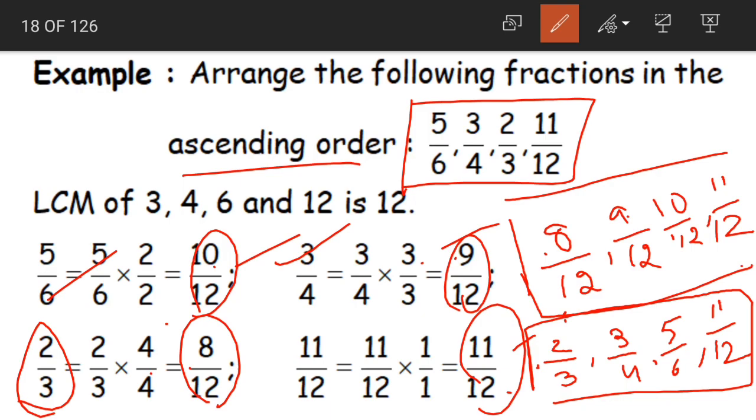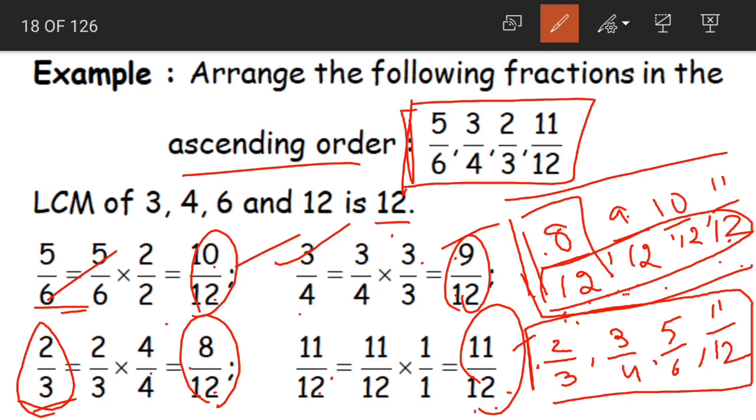See the steps clearly. First we found out the LCM of the given numbers, and then we expressed all the given fractions with the LCM as their common denominator. And then, as they all have the same denominator, comparison is very easy, and we have arranged them in ascending order. Remember, do not write these fractions as your final answer.